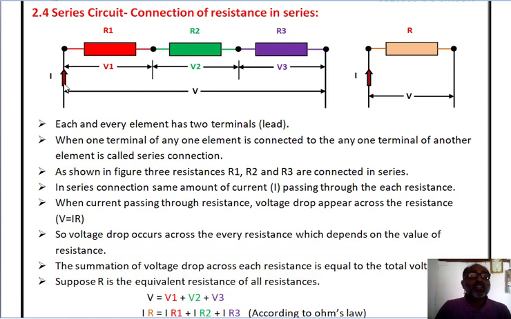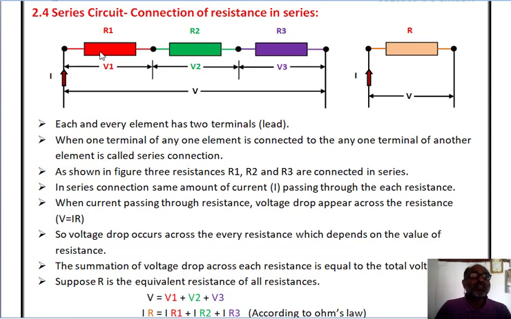Now in series connection, if the circuit is closed and voltage is applied across this series connection, current I starts to flow in the circuit. In this series circuit, the same amount of current I passes through each resistance.